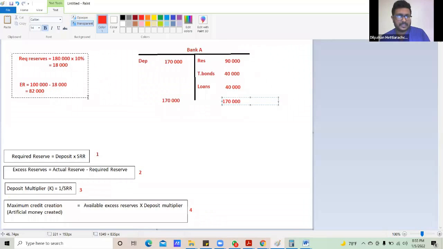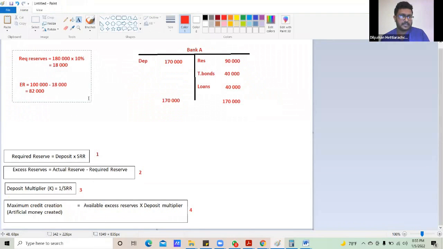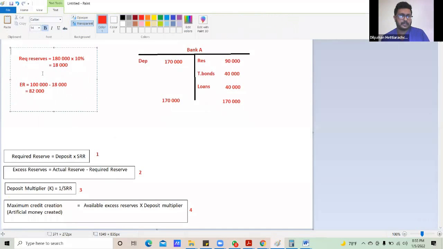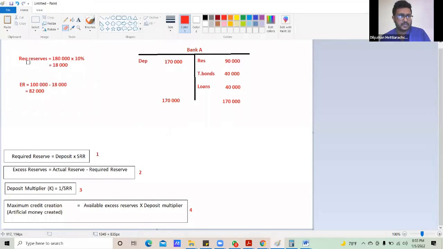So we can do the same calculation we have done before. I take a copy of this, and then I modify this one. We have to do the same calculation. Now required reserves, the equation is the same. Deposits into SRR. SRR is 10%. Now deposits how much? 170, not 180.